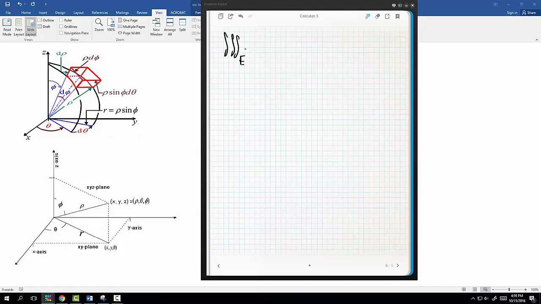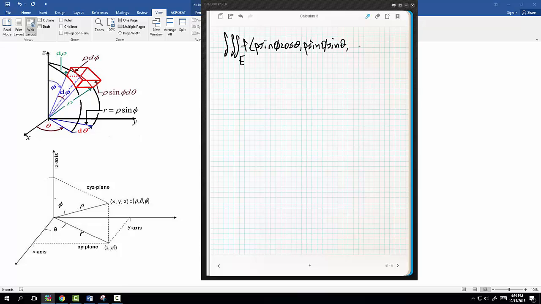So what do I have? I've got f of x, which we know is rho sine phi cos theta. That's x. And then we've got rho sine phi sine theta.